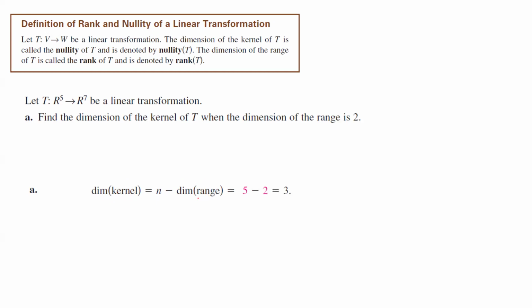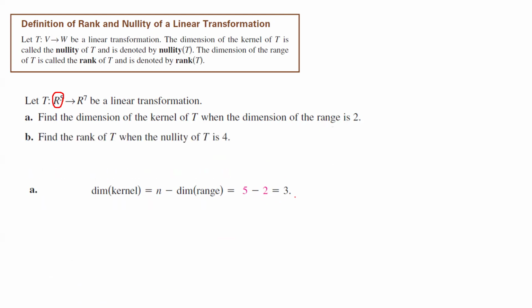We know that n is equal to 5, everybody. n is the dimension of the domain. 2 is the dimension of the range. So we already know the dimension of the kernel, the nullity, because 5 minus 2 is equal to 3. The calculation is very easy here.